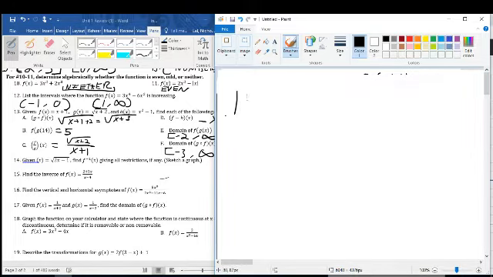So for 14, we have f of x is equal to the square root of 2x minus 1. We need to find the inverse.